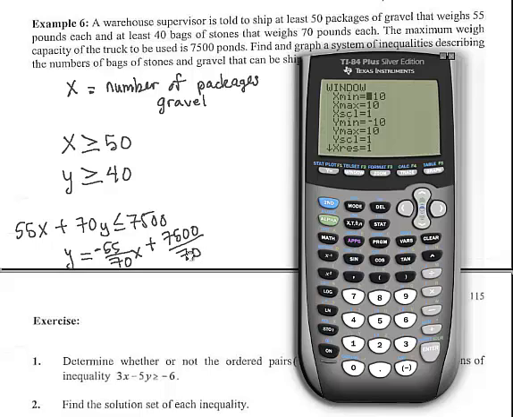Okay, it's actually a little more than 100. I don't know exactly what it is, but we'll scroll down here to y max and we'll just put in 150. Maybe a little bit less, maybe 120. Okay, and then for x max, all we know is we want x to be greater than 50, so I'll put in 100 for that one too. And so we'll graph it and we'll see what we get.